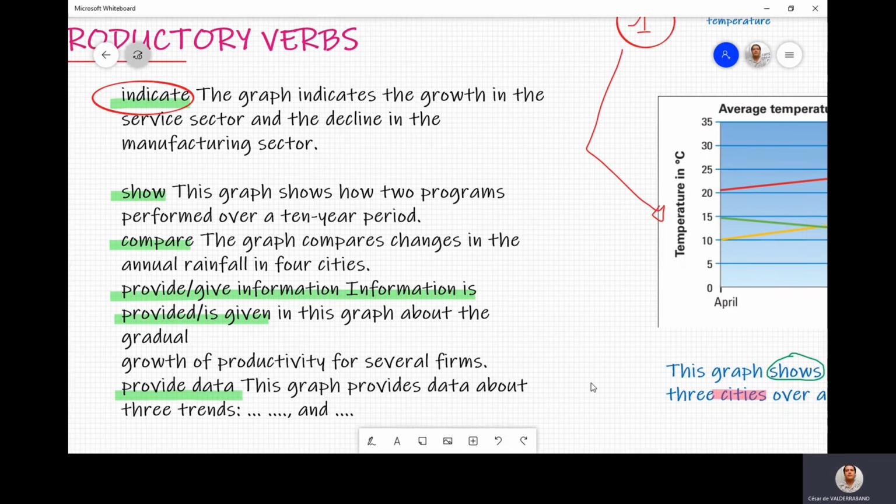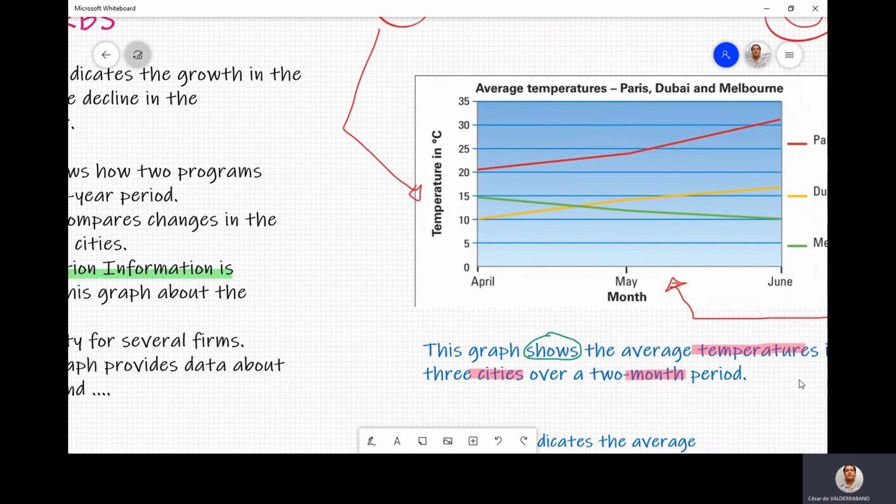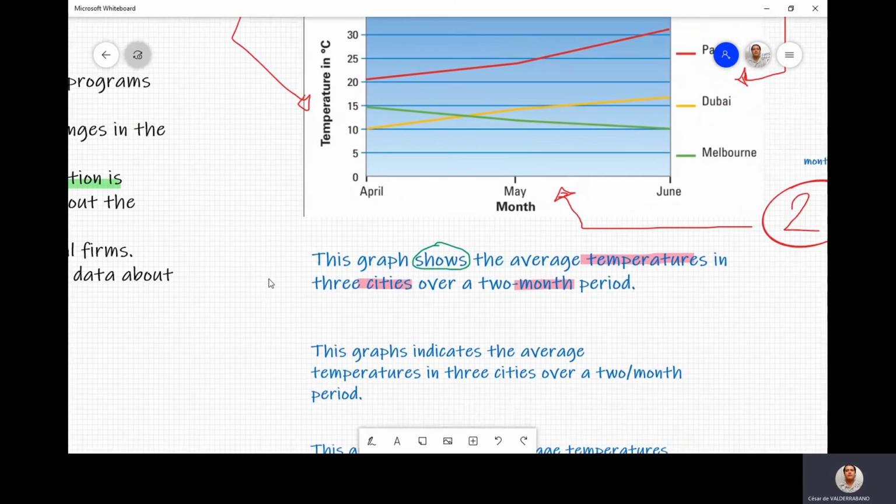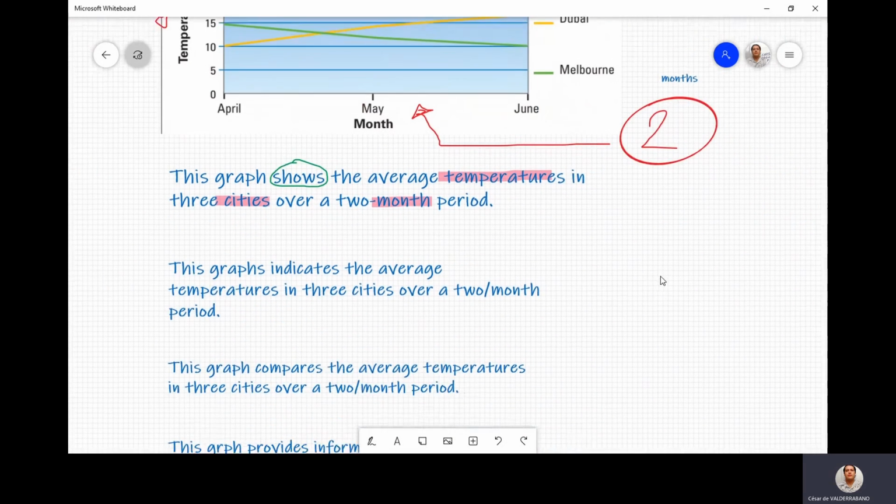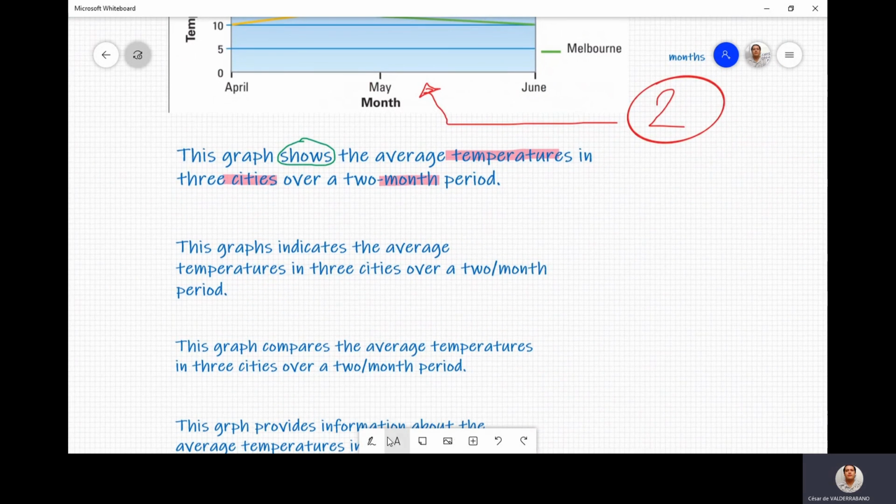If we want to get more examples, we can see them right here below. For example, the first one, you can see one more time. This graph indicates the average temperatures in 3 cities over a 2-month period. So we are putting here the same information, just changing the verb. Here we are using compare.